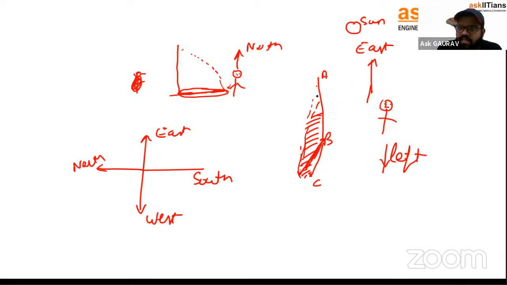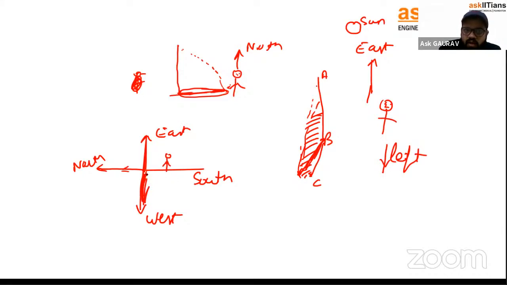Okay, you are facing the pole. Just assume yourself standing facing a pole. The sun rises, and the shadow of that pole is on your left. It means you are facing the north direction. Let's see. This was your pole, and the shadow was here. Your west direction. You are standing here.